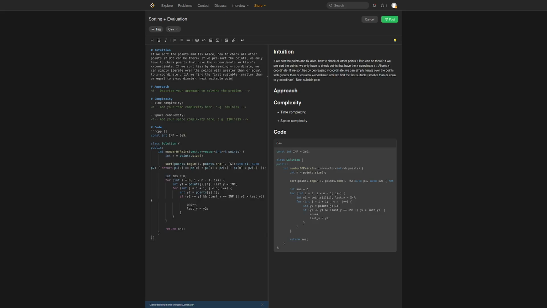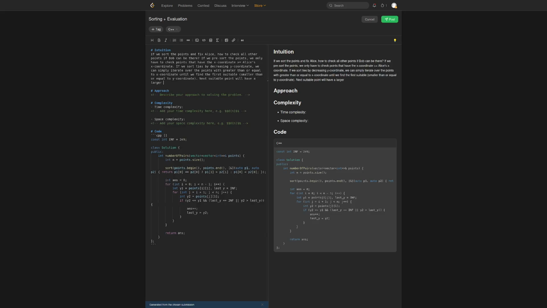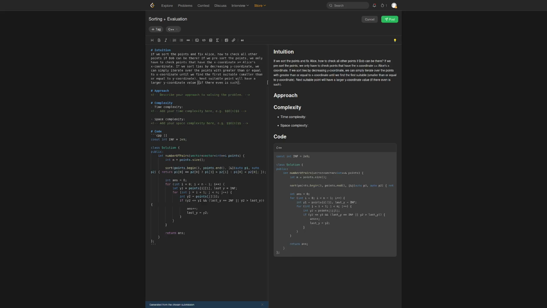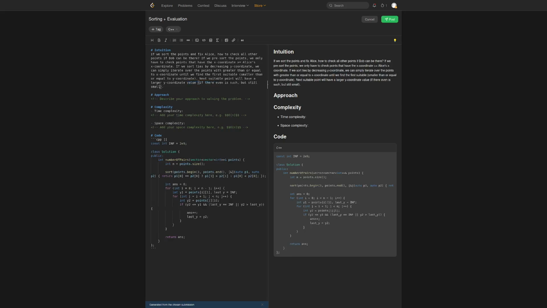Next suitable point will have a larger y coordinate value if there even is such, but still smaller than or equal to Alice's y coordinate.